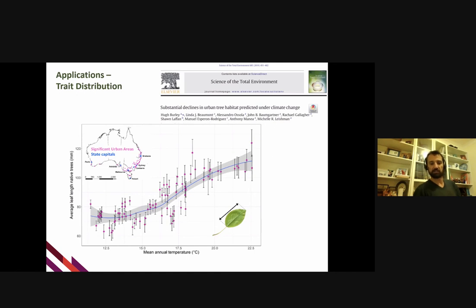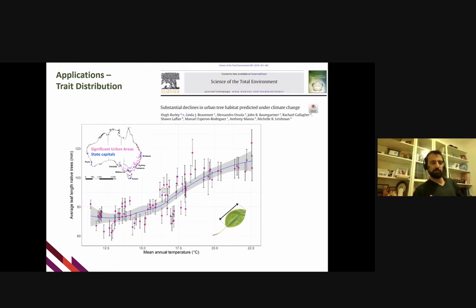And as you can see here, at a community level, if we live, let's say, in Melbourne, where the mean annual temperature is lower, your native trees have overall a smaller leaf size compared to situations where you live in, for example, Brisbane, where the mean annual temperature is definitely hotter.